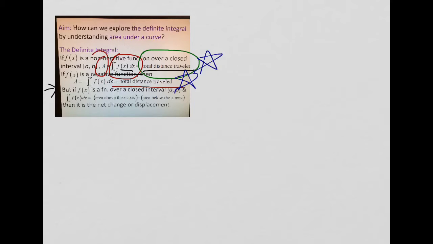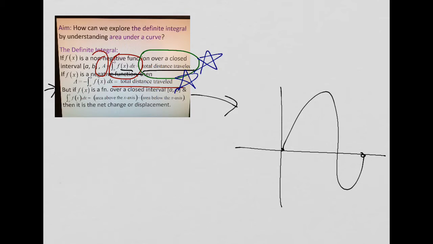All right, so we're up to here. If f of x is a function over a closed interval from a to b, and it looks something like this, let's say this is a, this is b. Then the integral of f of x with respect to x from a to b is the area above the x-axis minus the area below the x-axis.